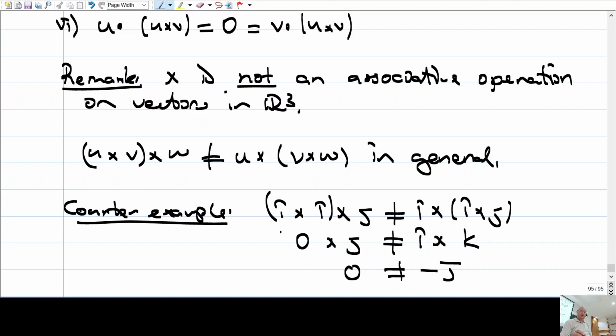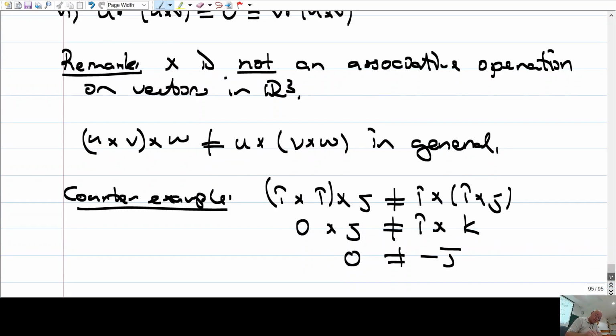So you see, for these three vectors, we don't have associativity. i cross i cross j is not equal to i cross j cross j. Okay? So this product is not associative.